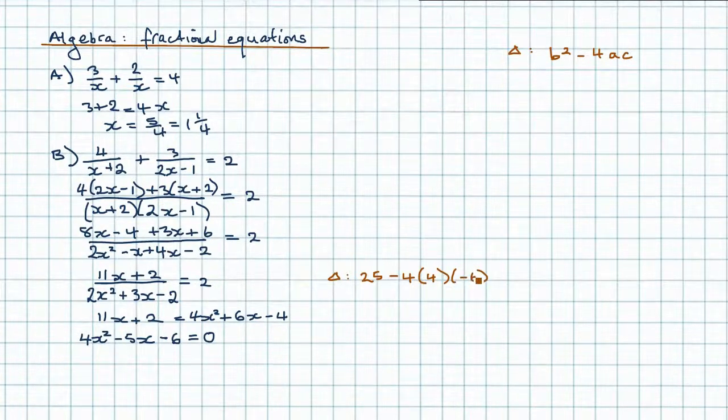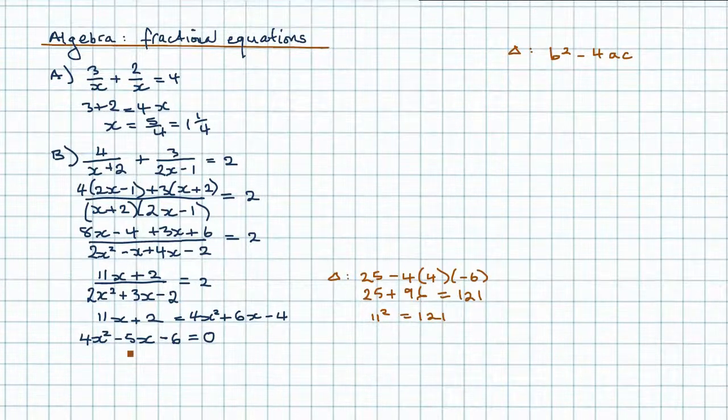Minus 4 times minus 24 is positive 96. So we've now got 25 plus 96. Well, if I add 4 to that to give me 100, then I must subtract 4 from 21 here. So that's going to give me 121. And 11 squared equals 121.